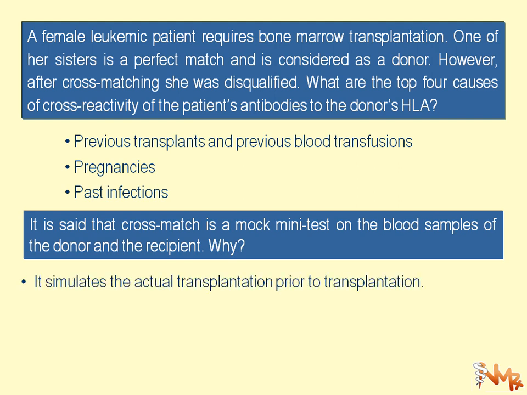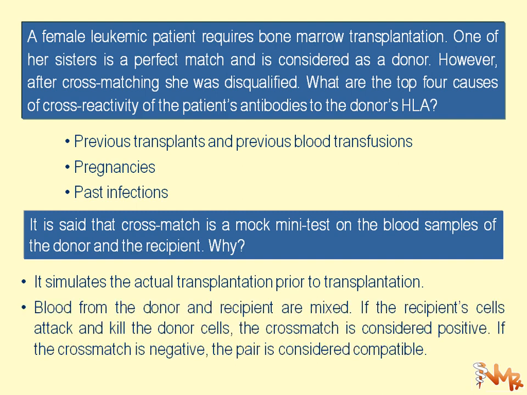It simulates the actual transplantation prior to the real transplantation. Blood from donor and recipient are mixed in the lab. If the recipient cells attack and kill the donor cells, the cross-match is considered positive. If the cross-match is negative, the pair is considered compatible, and they may proceed with actual transplantation.